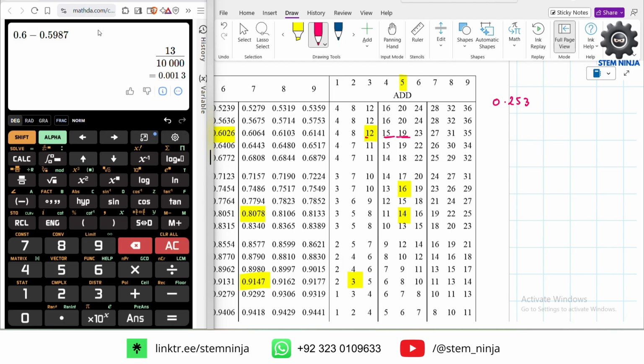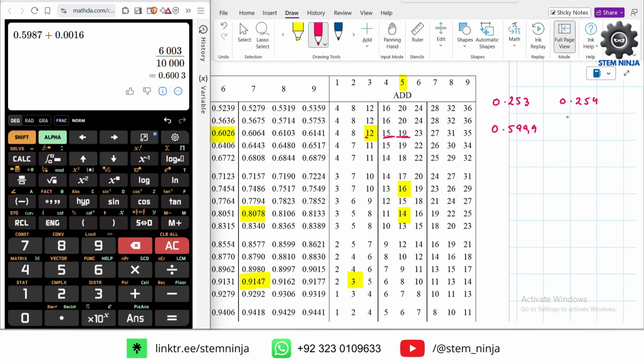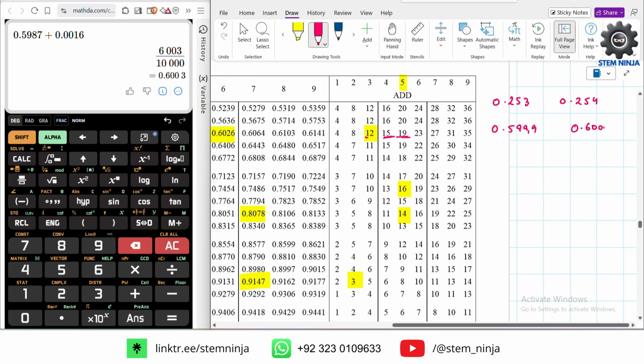So okay, wait, let's make this over here. 87 plus 0.0012, this value is 0.5999, and this one, 254, it's 0.6003.